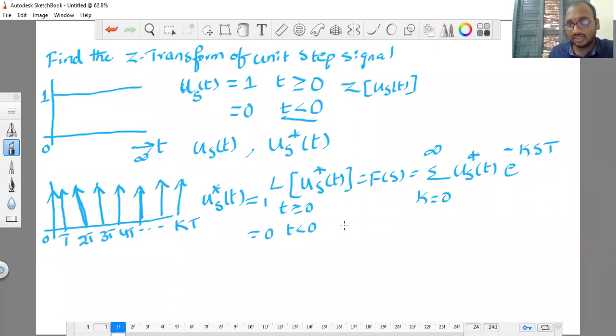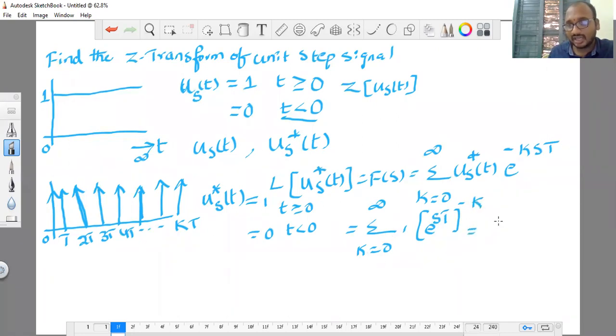So substituting this, it is equal to sigma k equals 0 to infinity u_s star of t value as 1 into e power st whole power minus k.